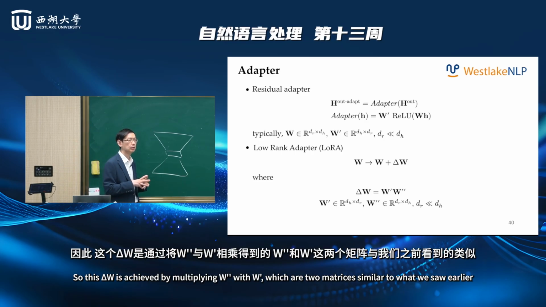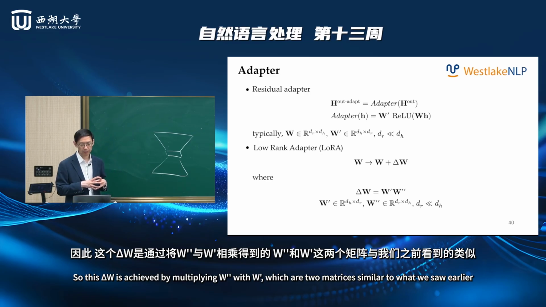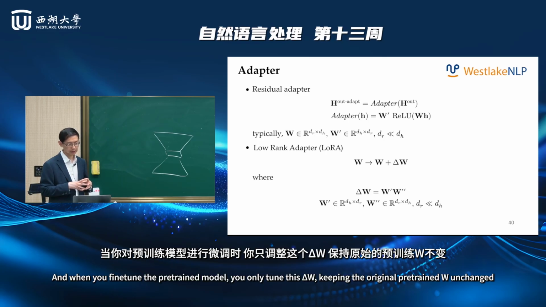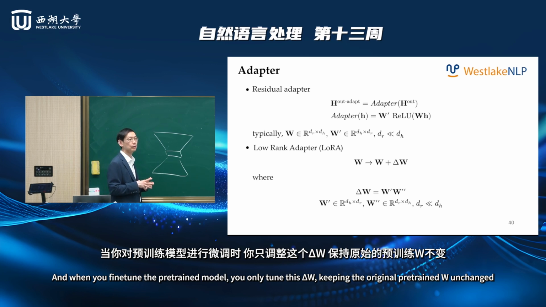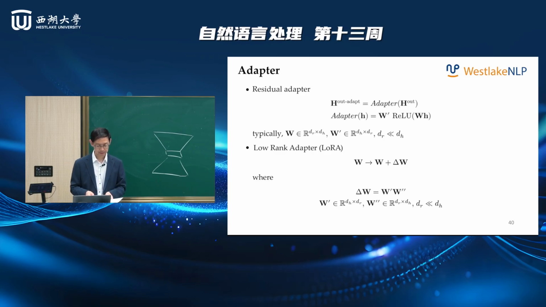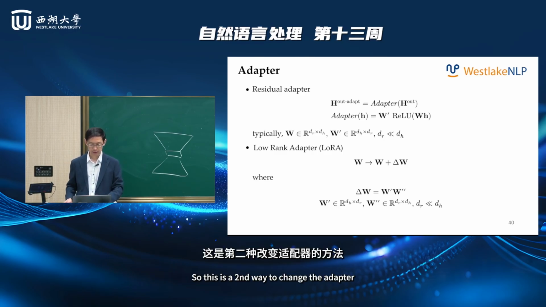This delta W is achieved by multiplying W prime prime with W prime, which are two matrices similar to what we saw earlier. When you fine-tune the pre-trained model, you only tune this delta W, keeping the original pre-trained W unchanged.